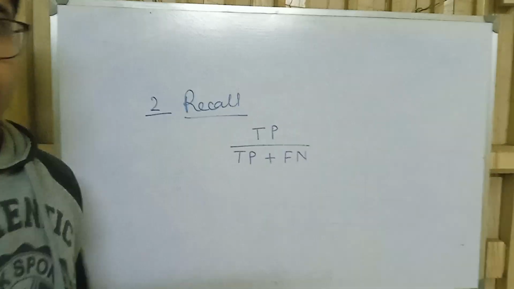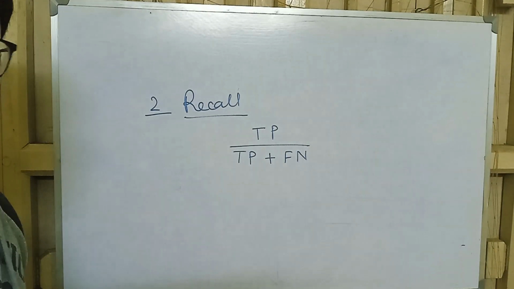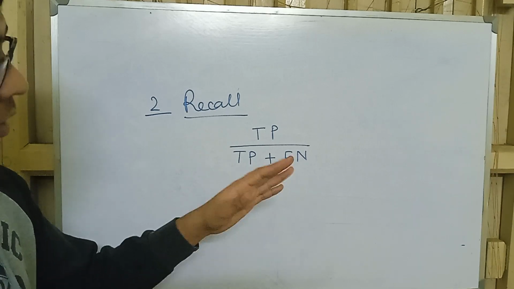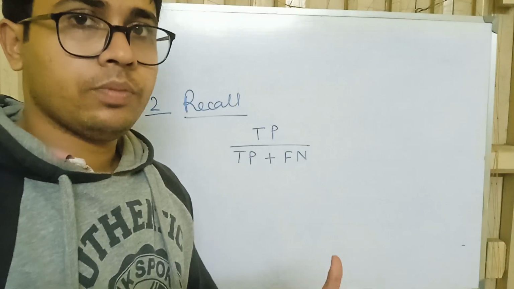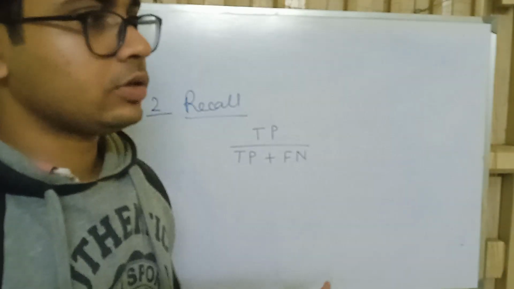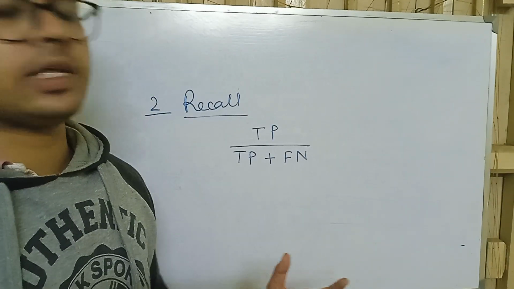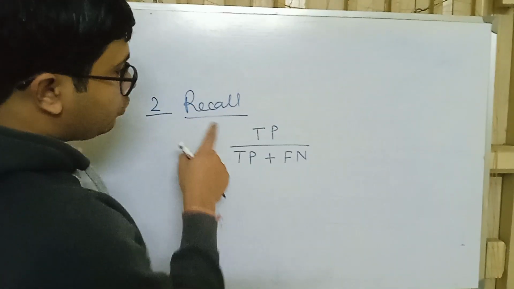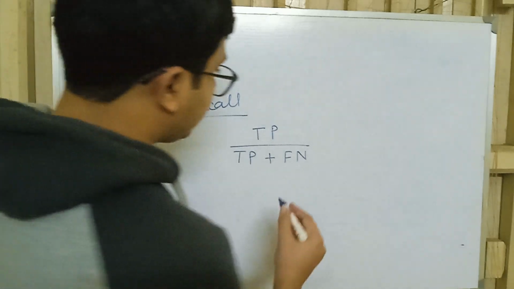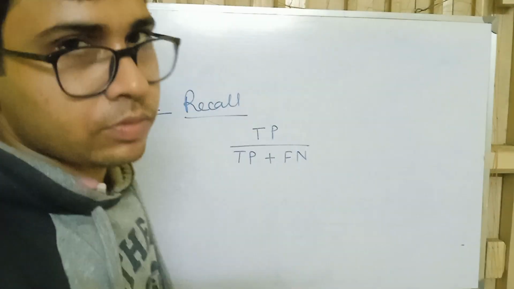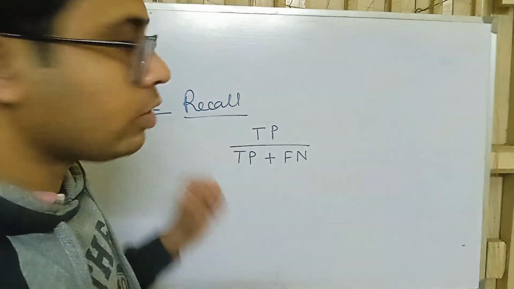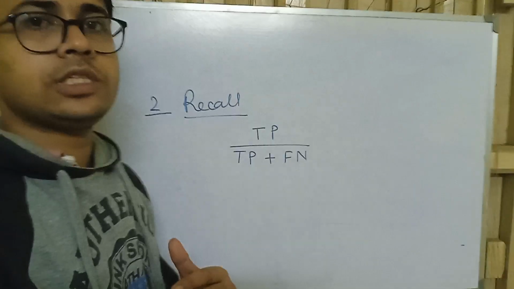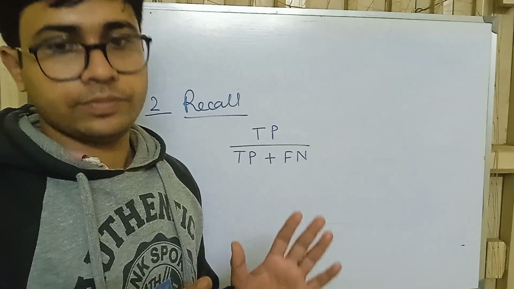False negative means we are missing the transitions which are actually there. That should not be happening. So if false negative is more, then the recall value decreases. So in the first step we have confidence that we are covering all the transitions.